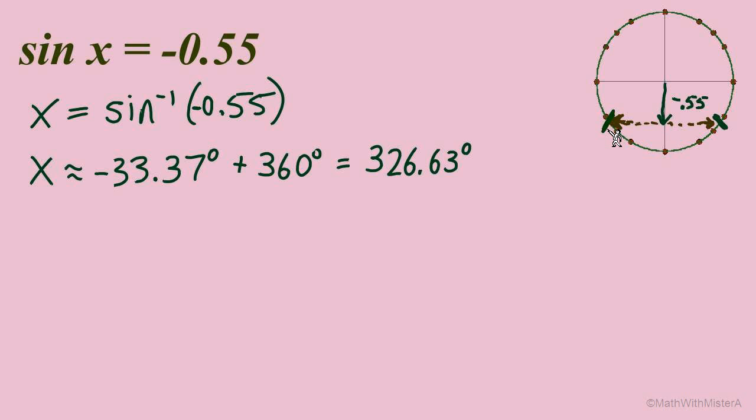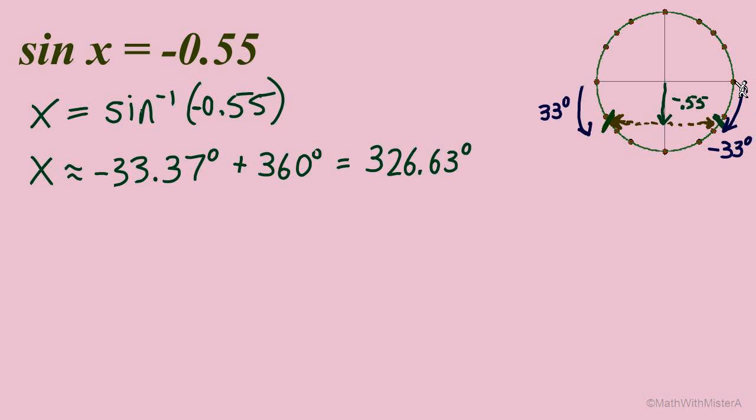Now we saw with cosine that our points were reflections about the x-axis. When it's sine, our points are reflections about the y-axis. If we know that this point was found by going from original position and coming back by 33 degrees, remember our original calculated value was negative 33.37 degrees, it's also going to be about 33 degrees from this point here down to our location here in quadrant 3, based on symmetry of these points.